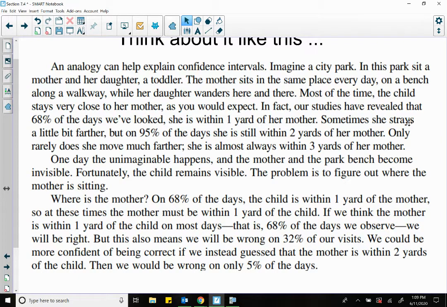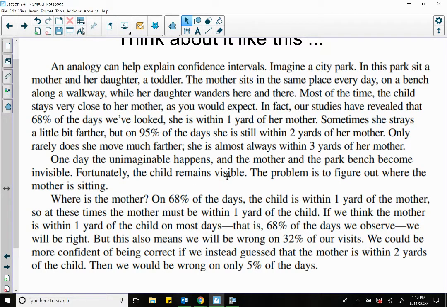Sometimes she strays a little bit further, but on 95% of the days, she's still within 2 yards of her mother. 2 standard deviations is 95% of the data. Only rarely does she move much further. She's almost always within 3 yards of her mother, which would be the 99.7%.